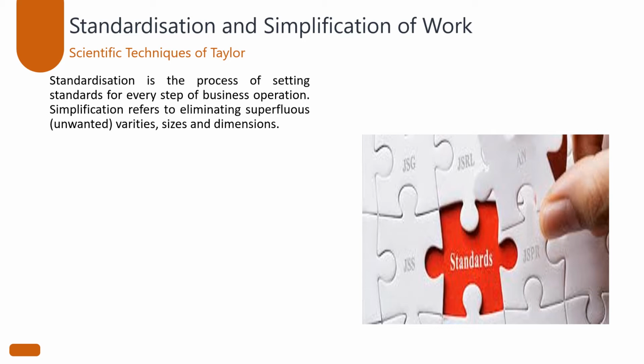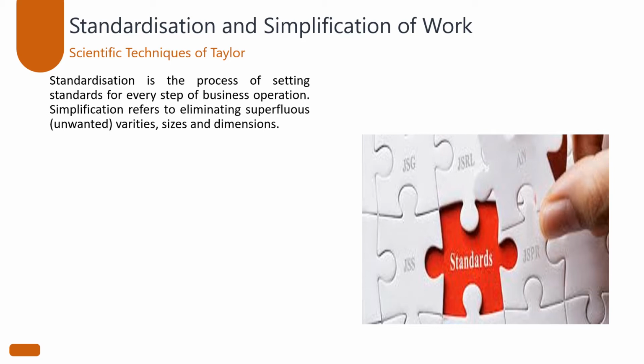Now, what is simplification? Simplification emphasizes elimination of unnecessary diversity of products. That means when a company is maintaining a variety of different products, and that too in different sizes, it is maintaining inventory, a lot of machinery, and a lot of labor, thus increasing the overall cost of the product.